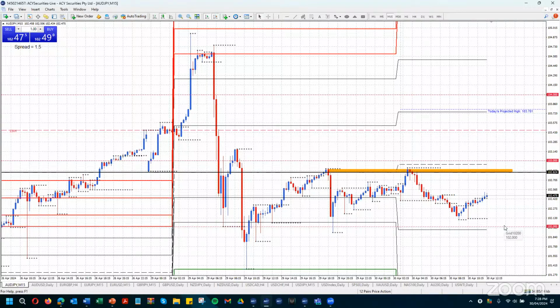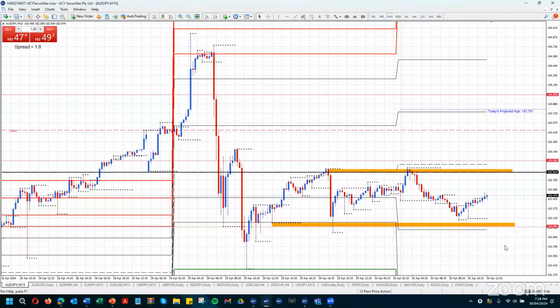If you can get a tight turnaround down there, that would be a good area to watch. And up here is resistance, okay? So it's really support and resistance, right? That's where the market's kind of stabilizing at the moment.